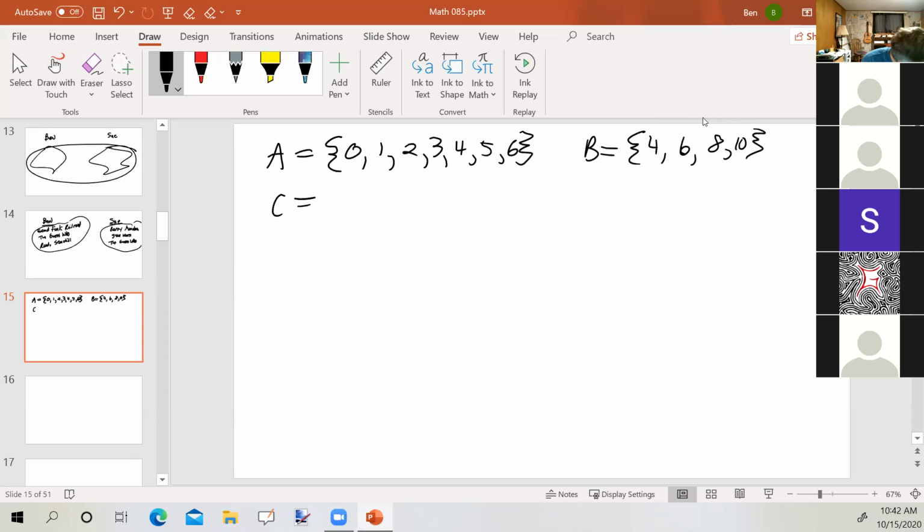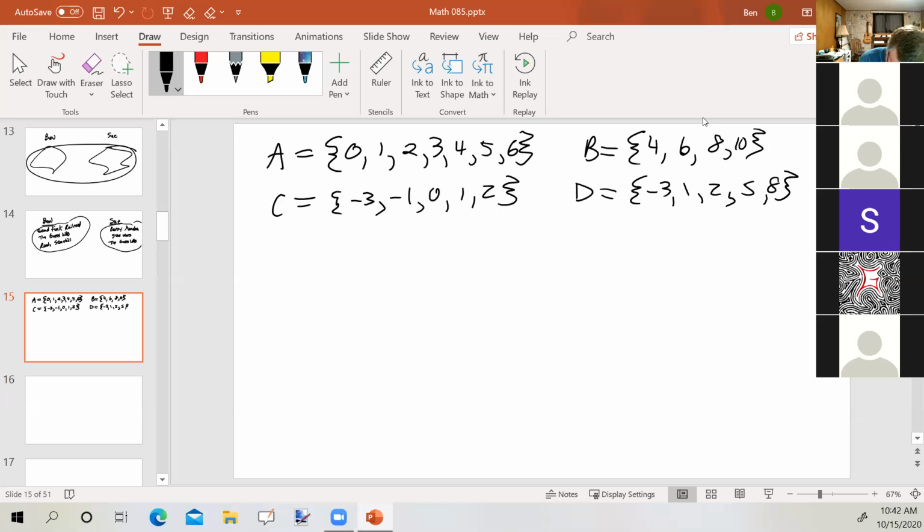We've got set C that has -3, -1, 0, 1, 2. And finally set D that has elements -3, 1, 2, 5, and 8. Okay, let me clean this up a little bit. So I've got those 4 sets.